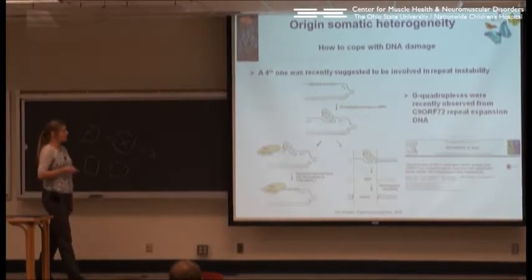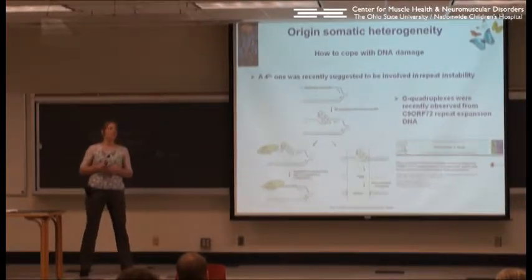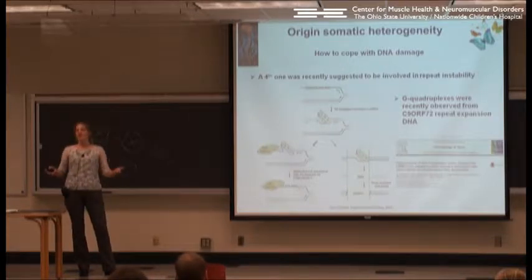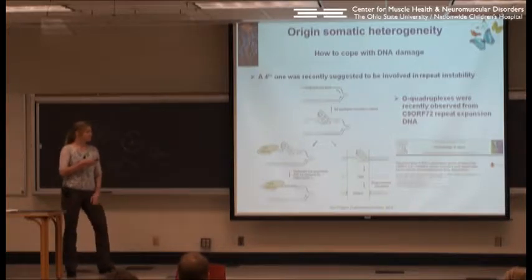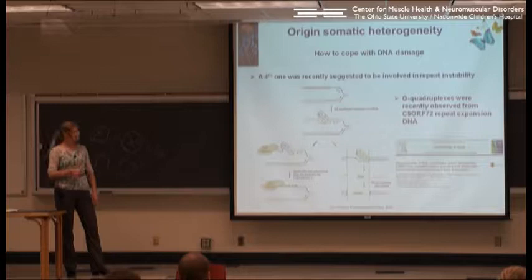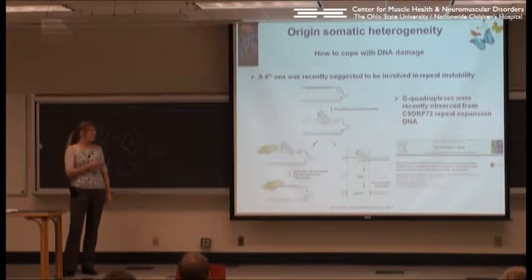And it has been shown that you need special helicases to go through these repeats and to try to repair that. And depending on how the cell tries to do that, you can even get expansions of the repeat. And so these G quadruplexes have been recently described in C9orf72 ALS cases.